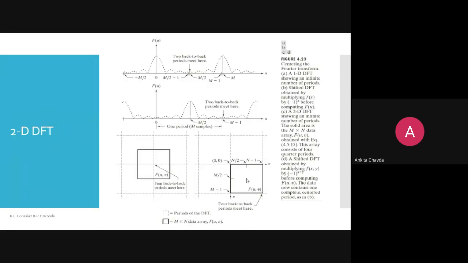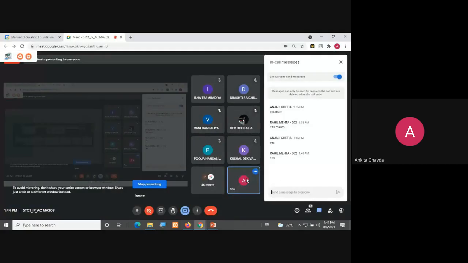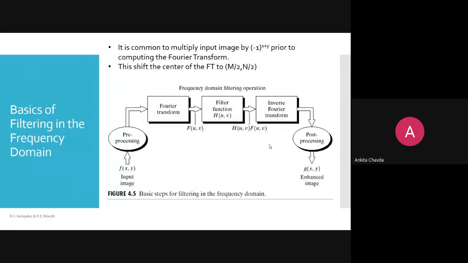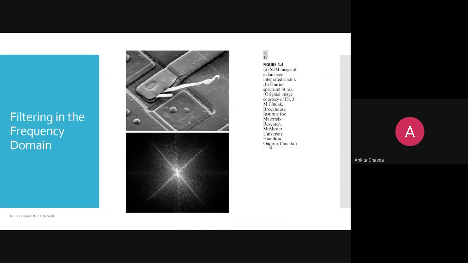So now here we will stop. Next time we will see more about the frequency domain and the basics of filtering. But you can see over here the Fourier spectrum of your original image. This is an image of a damaged integrated circuit, one of the IC images, and here we are checking the Fourier spectrum of this image.